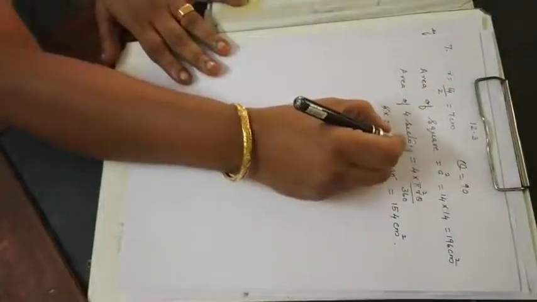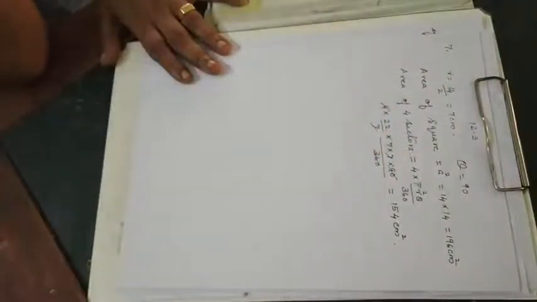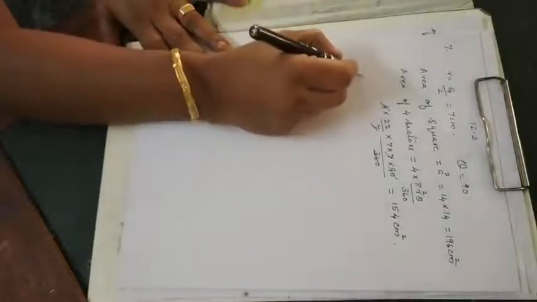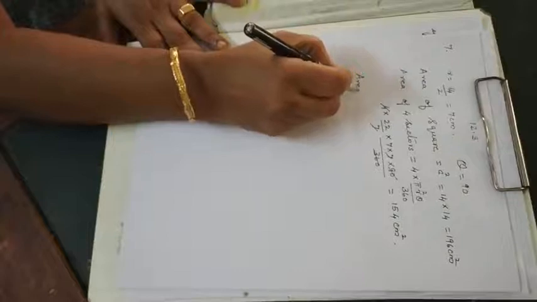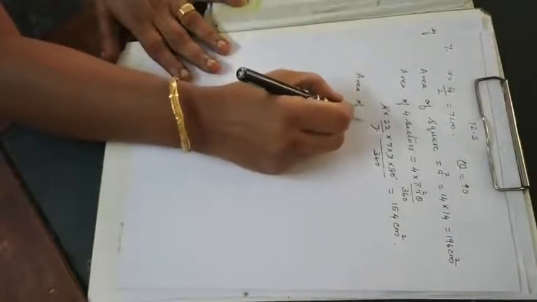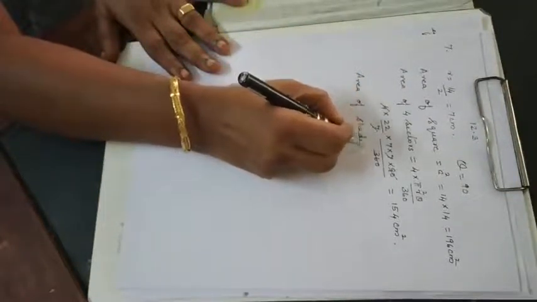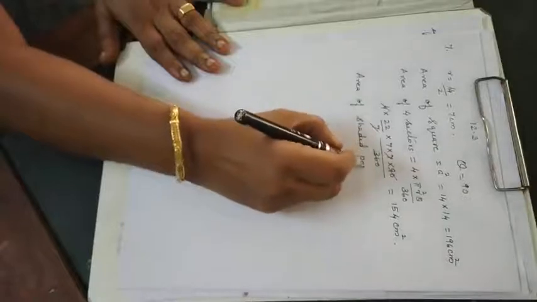Okay. So area of 4 sectors is equal to 154 centimeter square.